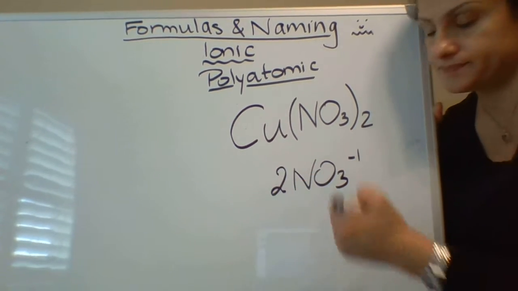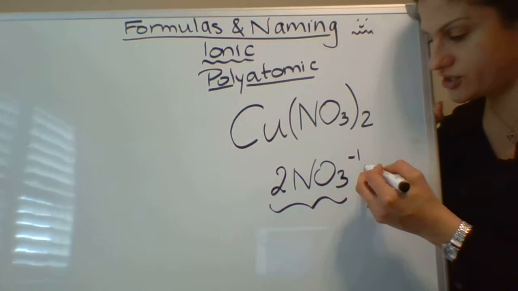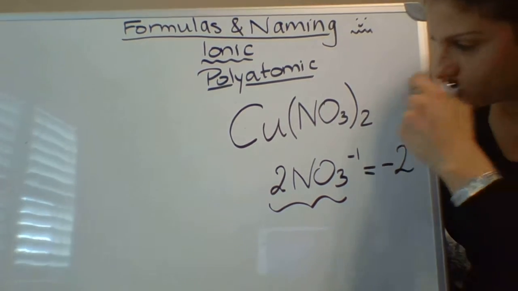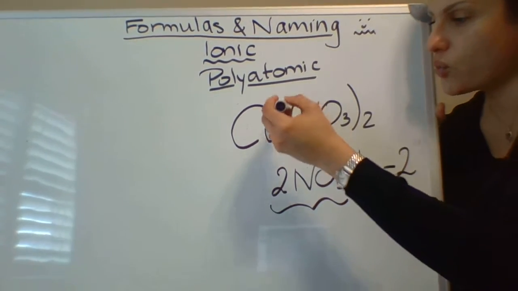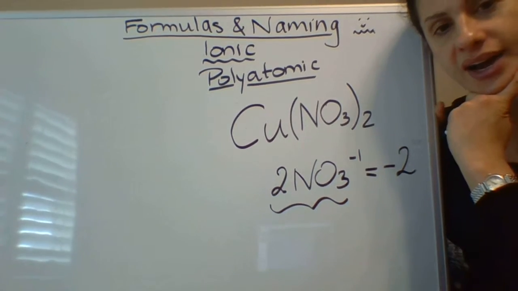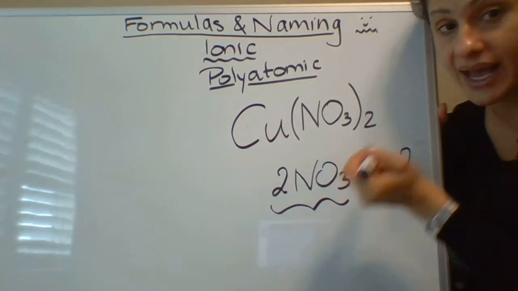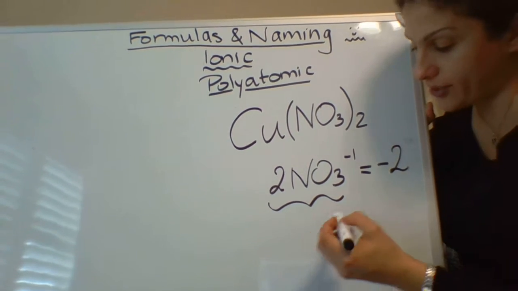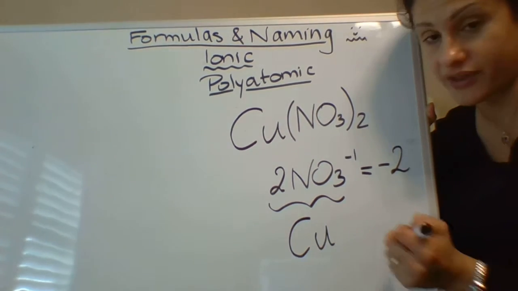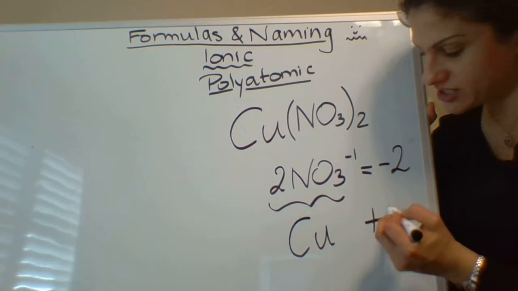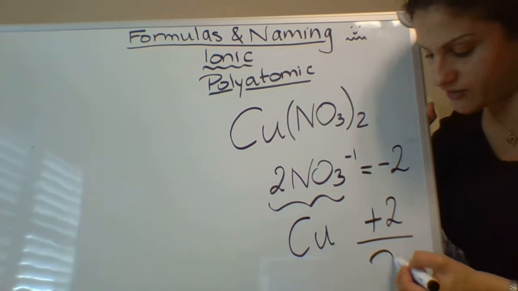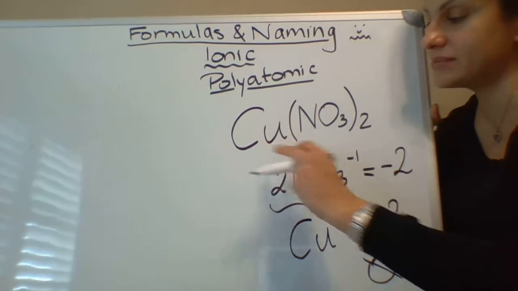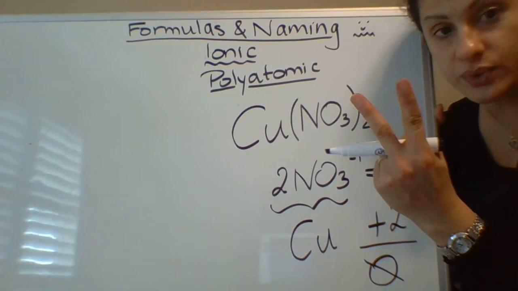I have 2 of them, which means the total charge would be -2. If the total charge here is -2, what charge does this copper ion have to have in order that the compound has a 0 charge? That means that copper, since you only have 1 of them, should have a +2 charge so that the charge of the compound is 0. So that tells me that I am dealing with copper 2.